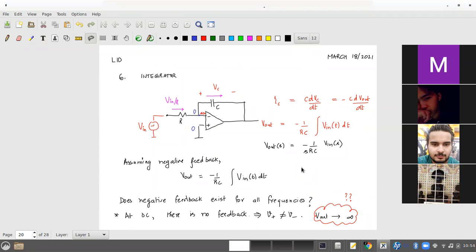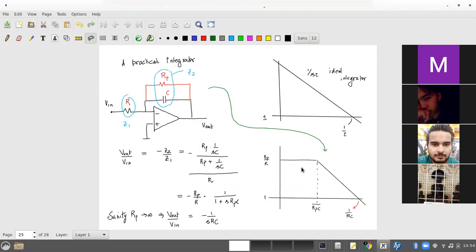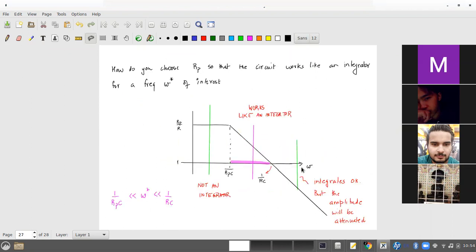Once the op-amp has saturated, it is not going to respond to the other frequency. So when you use an op-amp as a practical integrator, you almost always need to put a resistor in parallel. You have to choose that resistor such that the frequency of interest lies between 1 by RPC and 1 by RC.